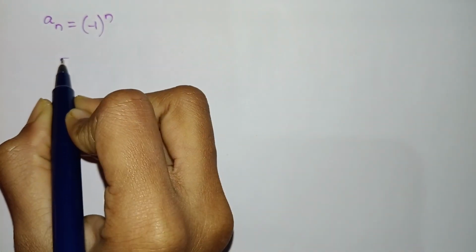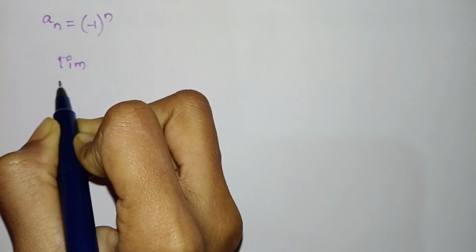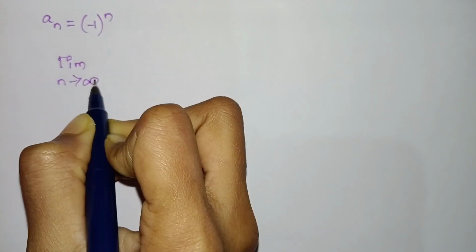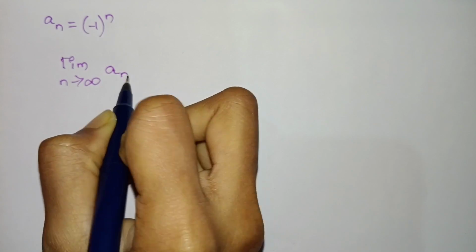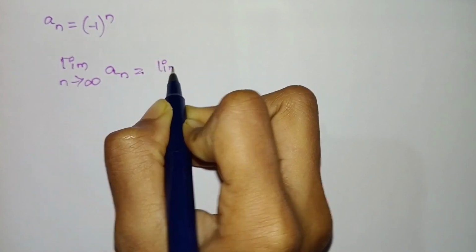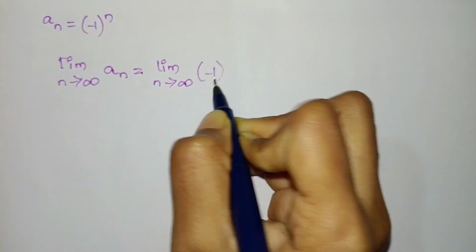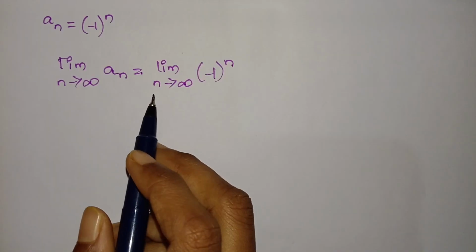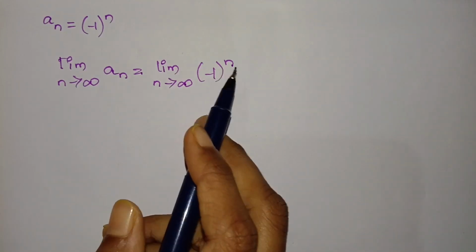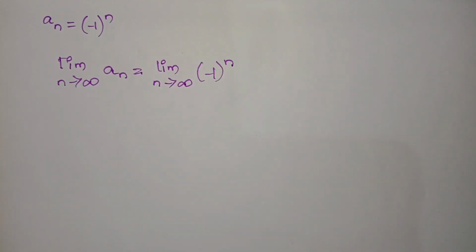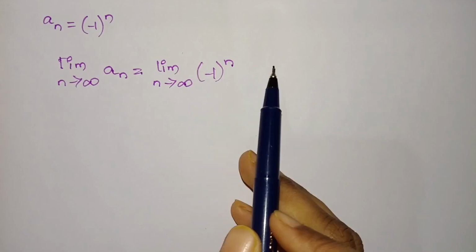So limit n tends to infinity an equal to limit n tends to infinity of (minus 1) whole to the power n. So here we need to consider two cases: when n is an even number and when n is an odd number.